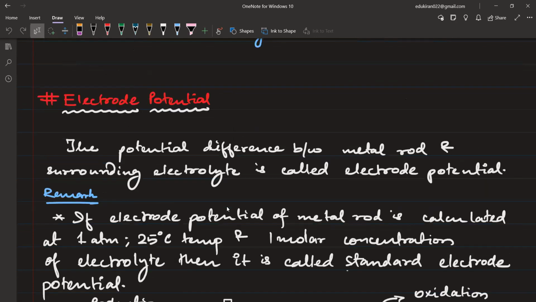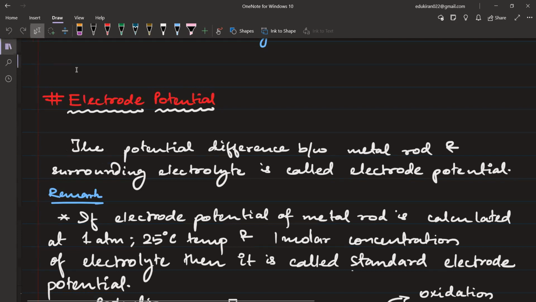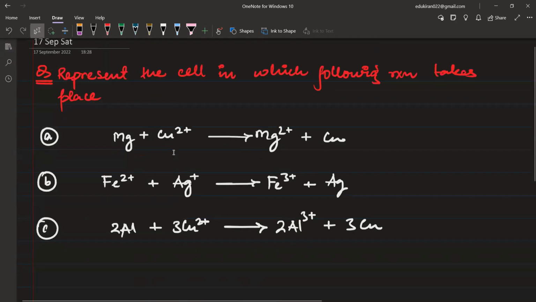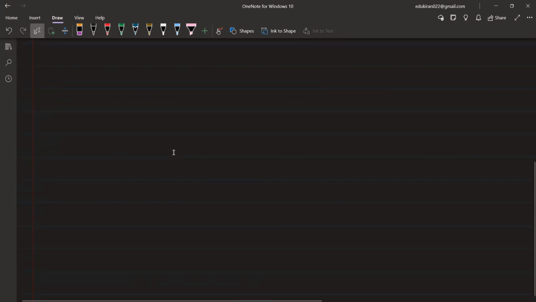Now, this concept of electrode potential is quite important. It is very important that you have an intuitive idea about it. What is this electrode potential? You must have your NCERT textbook right now. If not, then can you please take out the NCERT textbook?